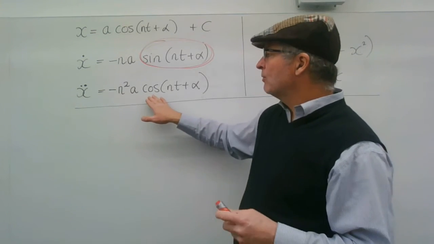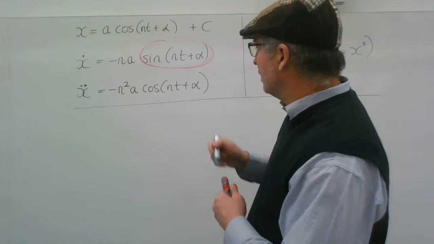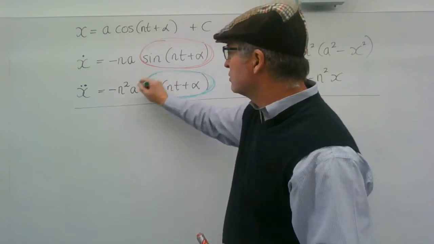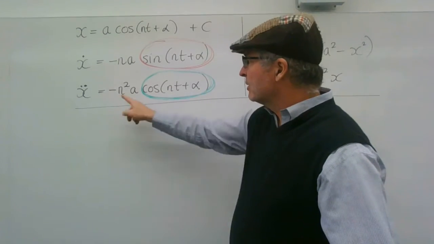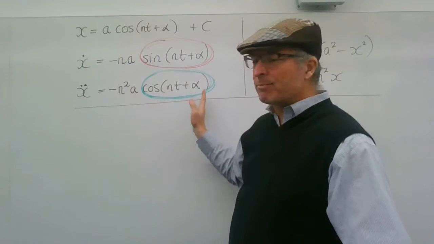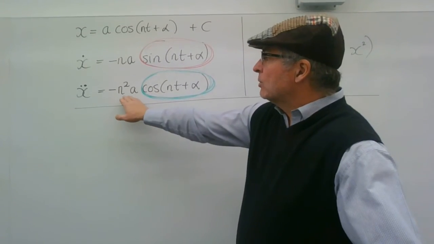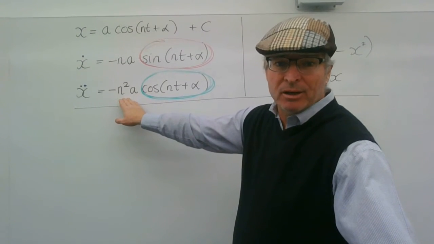And here, if you look at the acceleration, you have the same situation happening because cos goes in between 1 and -1. So when this is at -1, because that's negative, this whole expression will be at its largest. So the largest you'll get here is n squared a for the acceleration.